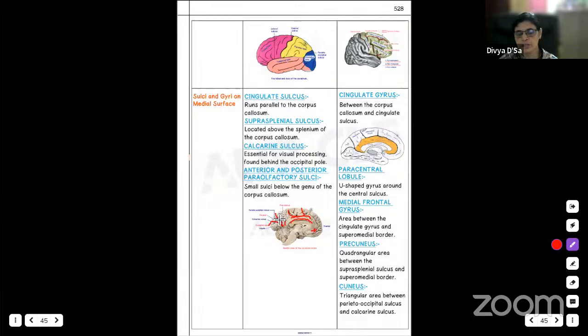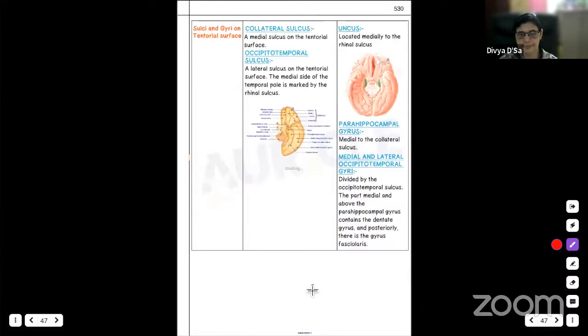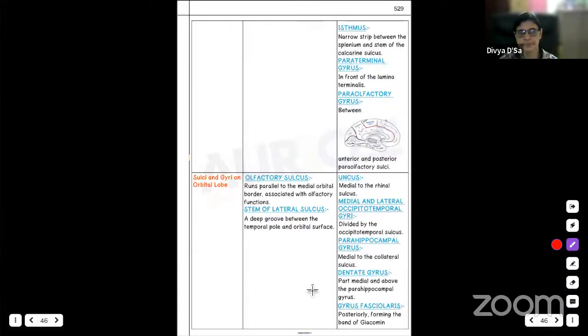Then the small portion between the calcarine sulcus, which begins here, and the splenium, this narrow strip, is the isthmus.